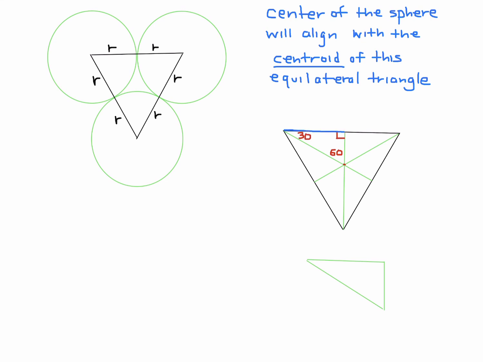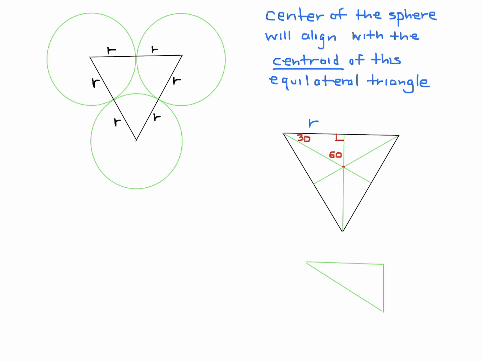Well, we know that from here to here is the radius of the cone, and they told us in the question stem that that is equal to 50. So this is 50 in terms of a numerical value. But because we know that in a 30, 60, 90 triangle, the ratio of the sides are 1, 2, and root 3, we can now figure out this side.